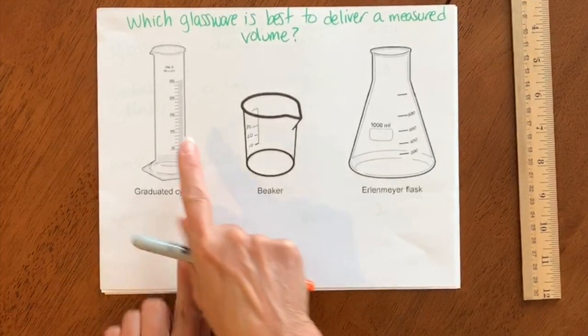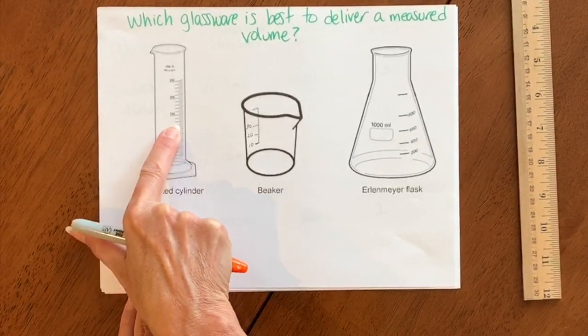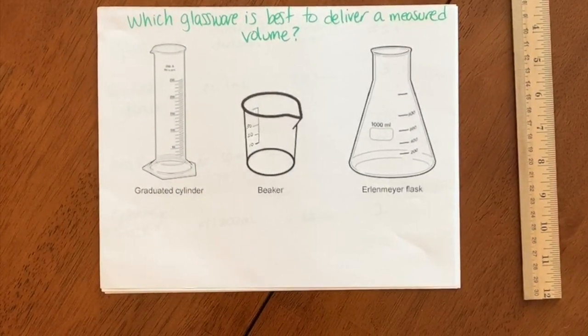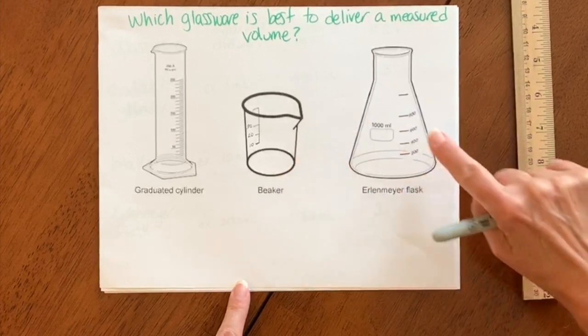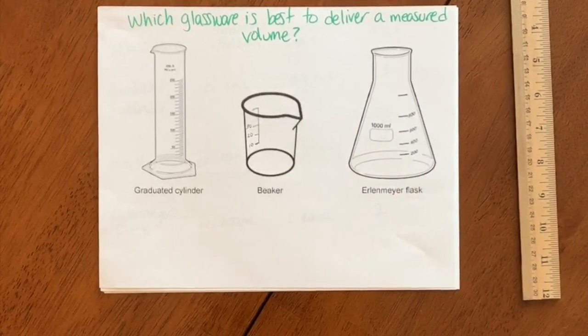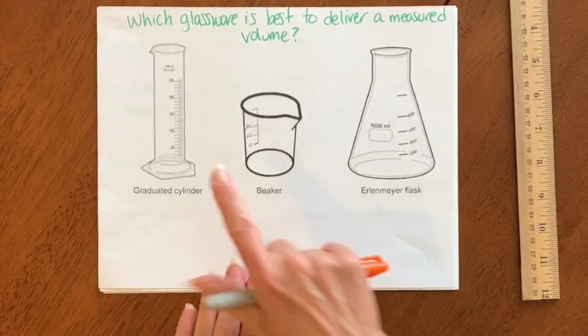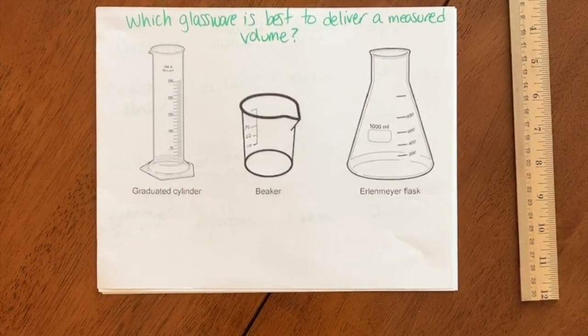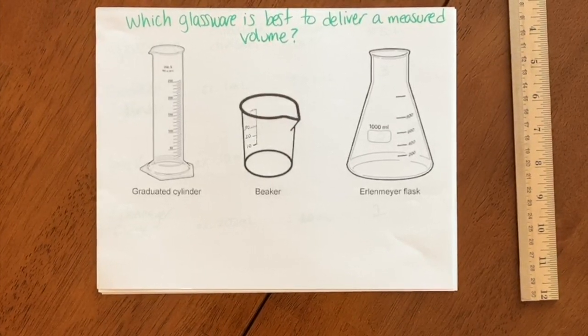A graduated cylinder has a lot more tiny graduations along its surface, as compared to a beaker or Erlenmeyer flask. So the more graduations there, the more likely we're going to be able to measure something accurately.